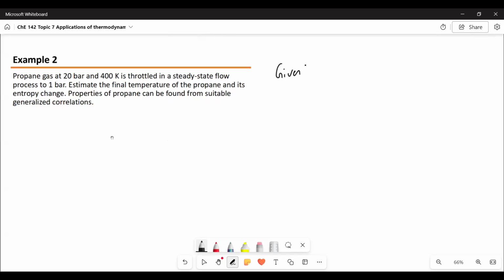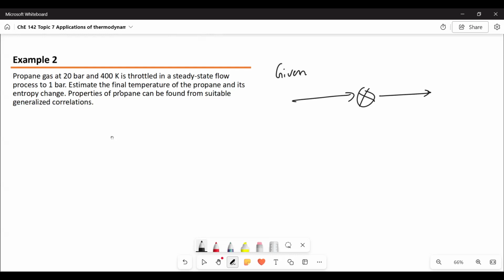Given a throttling process, this is not an ideal gas since the problem did not mention that propane can behave as an ideal gas. At 1 bar we can assume it, but for 20 bars, we're not sure. It's a high pressure, so it's not safe.